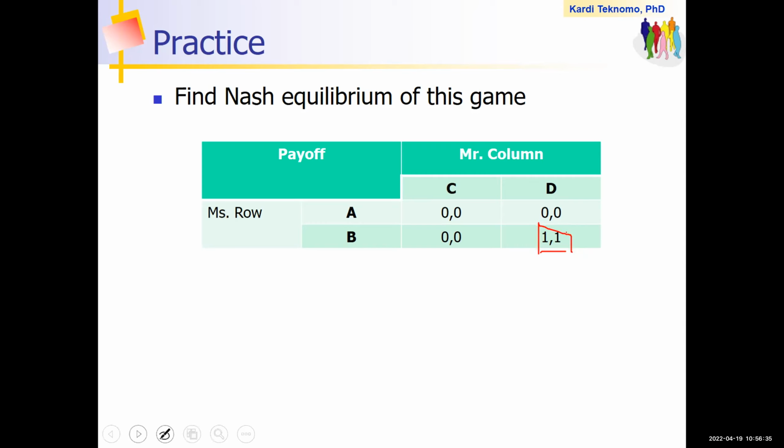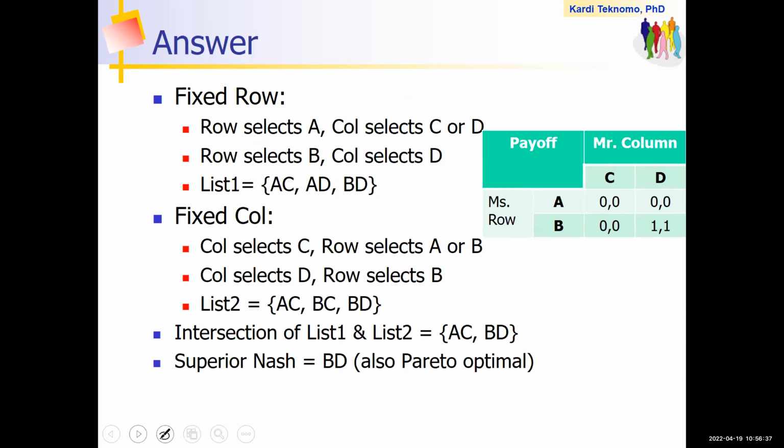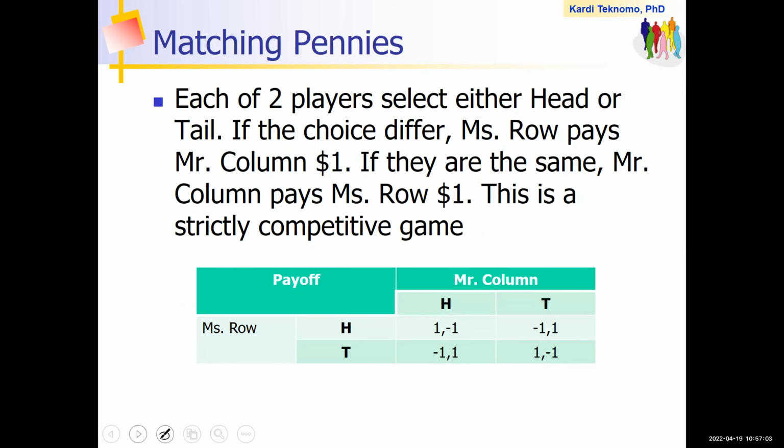So in that case, that is the equilibrium. Is this okay or not? You can actually find the Nash equilibrium without drawing. You just look at the numbers and compare, one by one. Very easy.